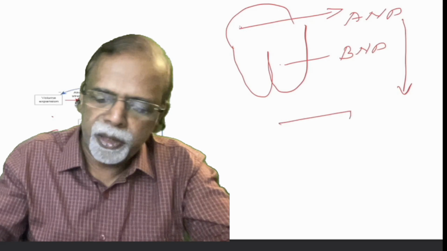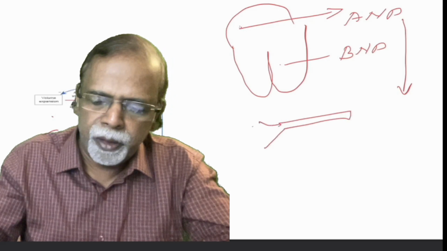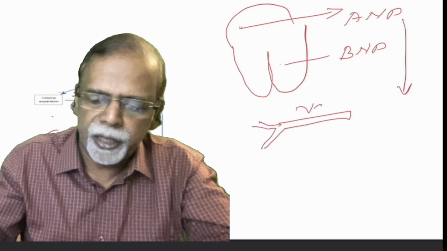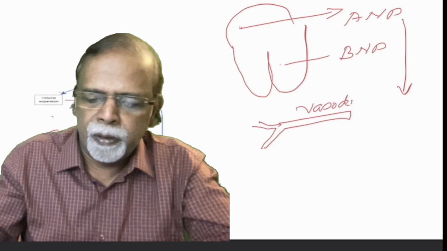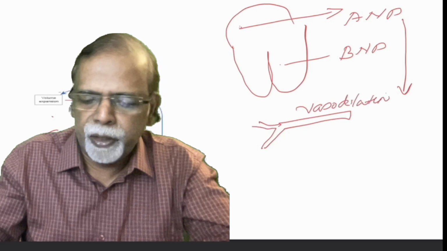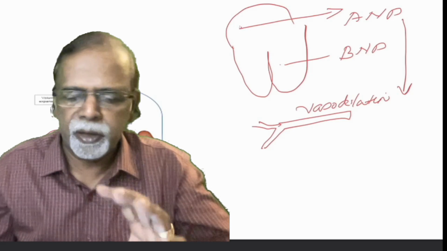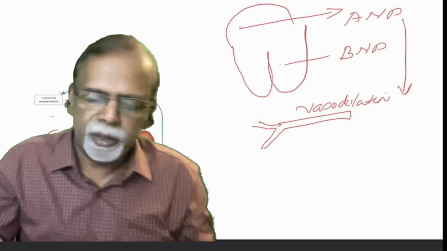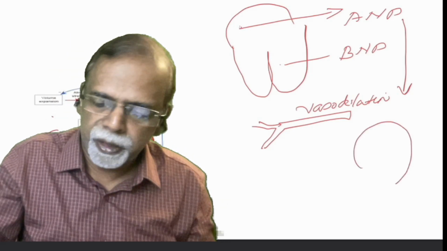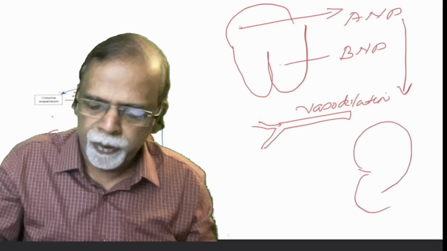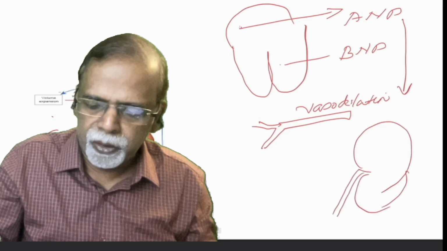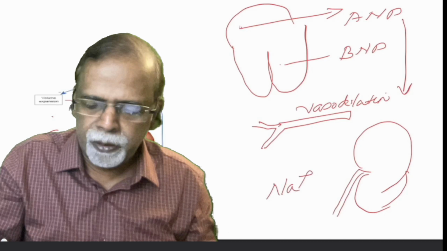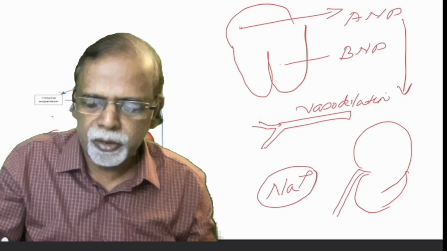This will act on the blood vessels and produces vasodilation, whereas angiotensin is a vasoconstrictor. This will act on the kidneys and produces natriuresis. Sodium and water is lost.